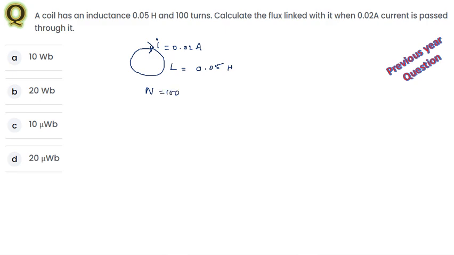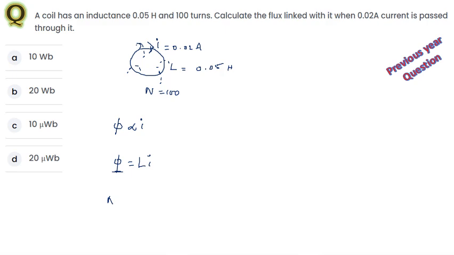Now the flux is linked to the coil. Whenever current flows through the conductor, flux is linked to the coil. The flux is directly proportional to the current flowing through the coil. From this, flux is equal to L into I, where L is the self-inductance of the coil. This is the flux of only one coil.